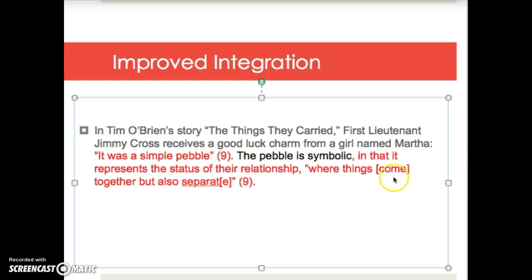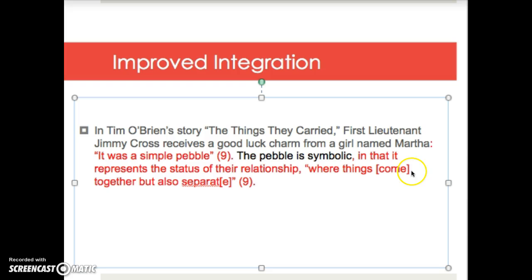So the tense of the quotation has changed to the present tense. And this student has used square brackets in order to change the tense to fit the present tense in his writing. So you can improve the flow of your writing in that way too.